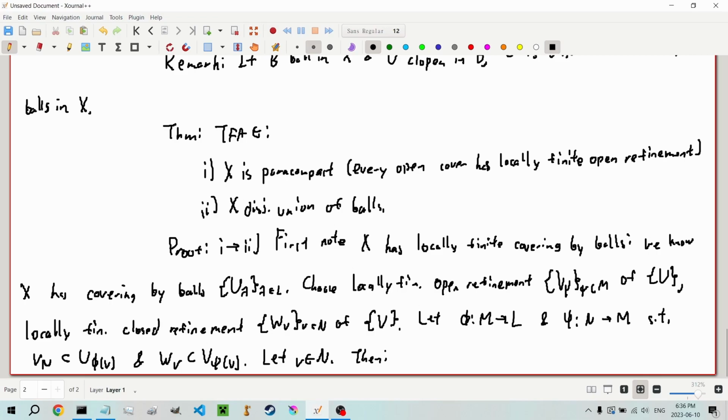Alright, then we have that W of nu is contained in V of C of nu contained in U of phi of C of nu.